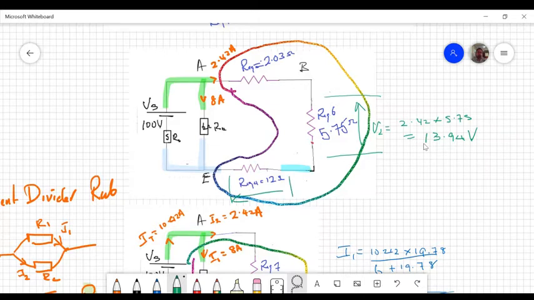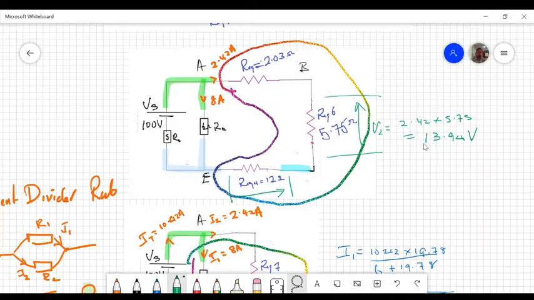Actually, I have the R in the wrong place. 12 ohms multiplied by 2.42.